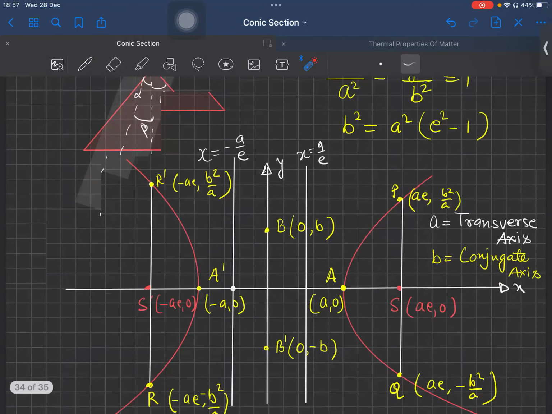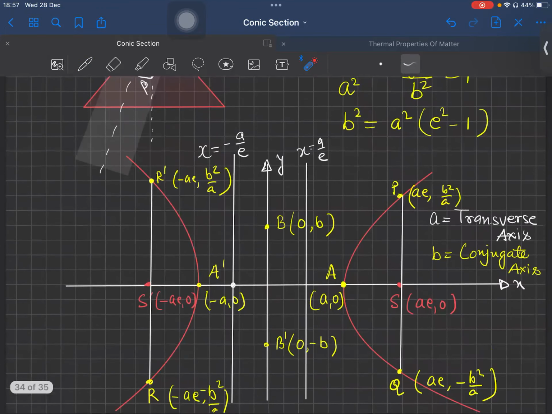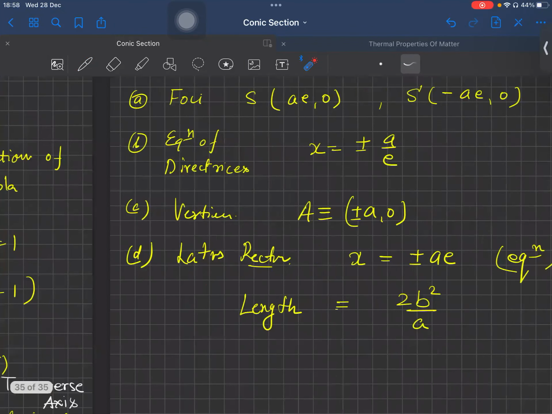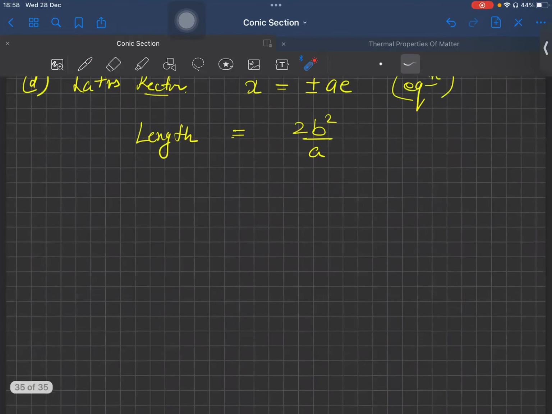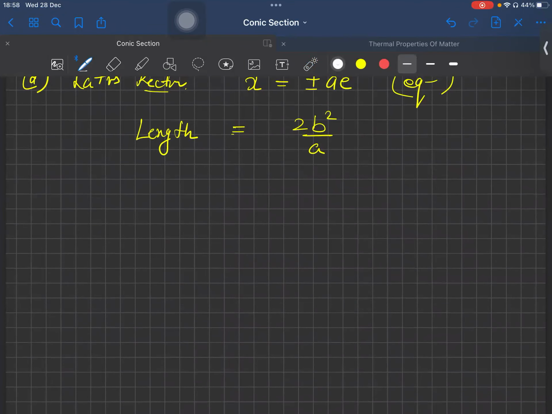Now ellipse is a closed structure and hyperbola is an open structure. Hyperbola is really important if you are studying astronomy, because planets or satellites move in hyperbolic coordinate systems. Right now we are only studying the rectangular coordinate system, which is x, y, z.